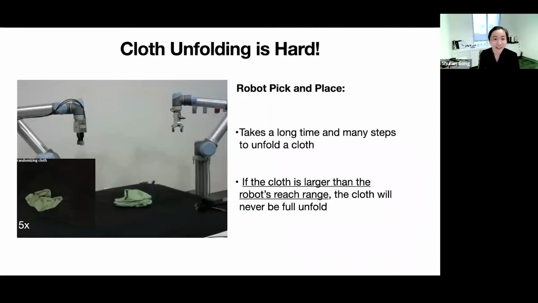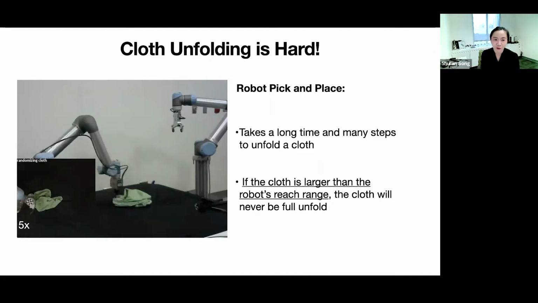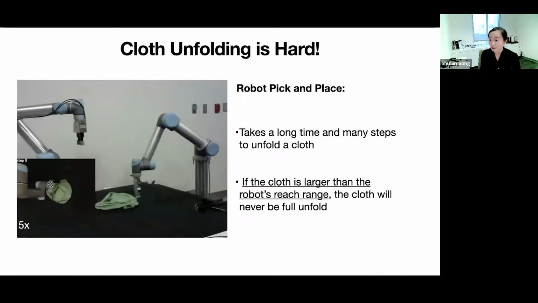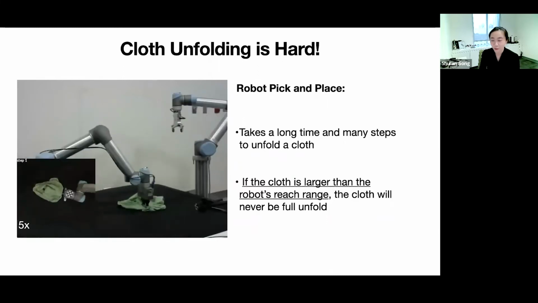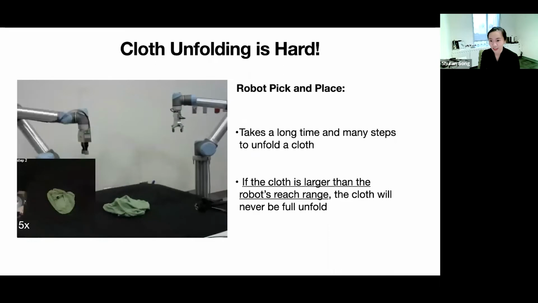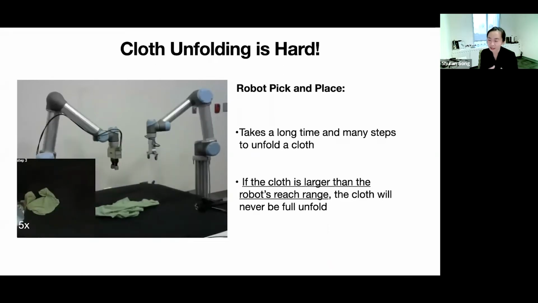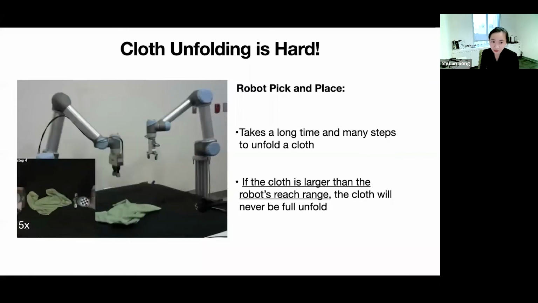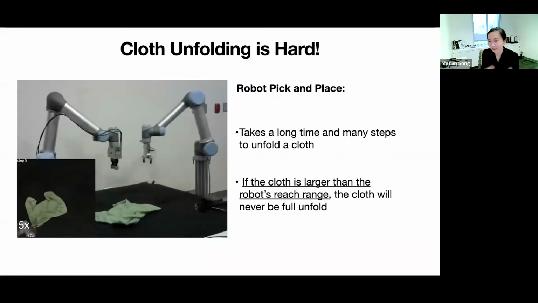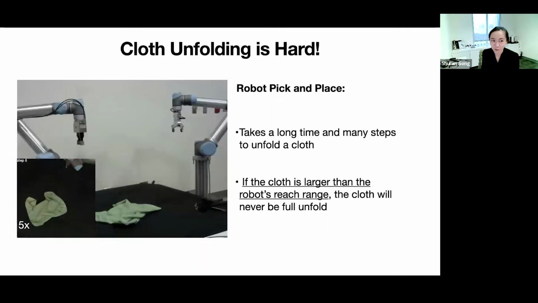However, just like many tasks in robotics where the objective is simple, doing the task robustly and quickly or efficiently is still pretty hard for a robot. Here is a video of a two-arm robot that is trained to do this t-shirt unfolding task with quasi-static pick and place actions. You can see that the system is making some progress on increasing the surface area of the cloth, but it is taking a very long time to make very small progress.